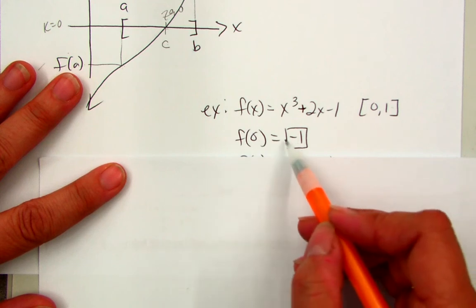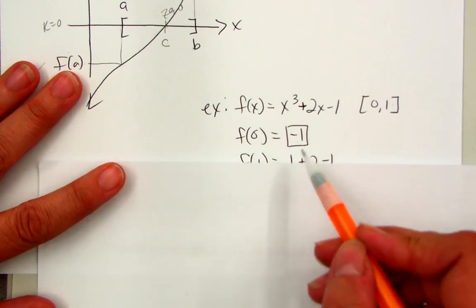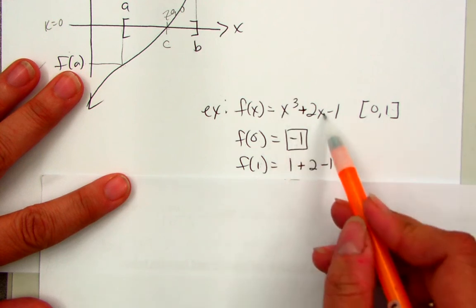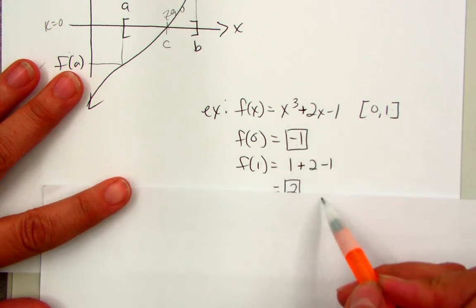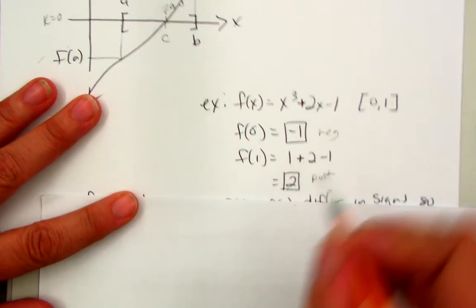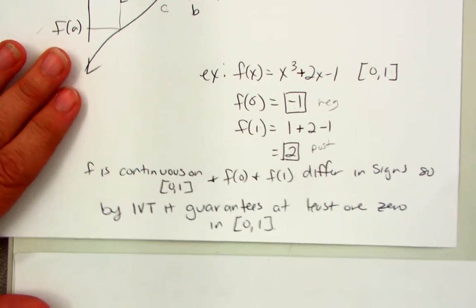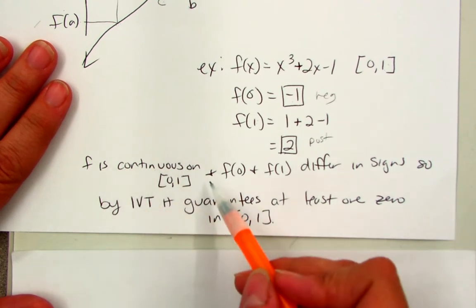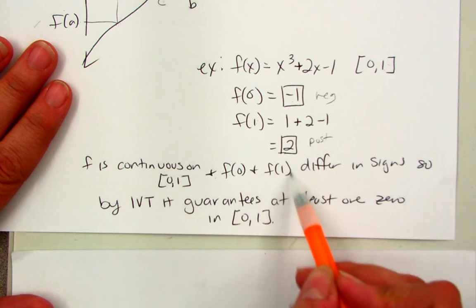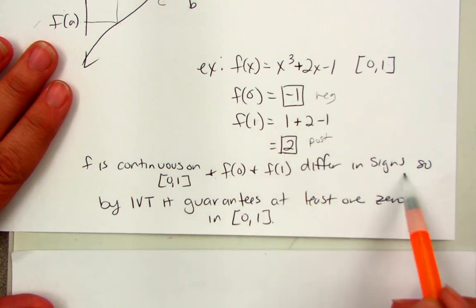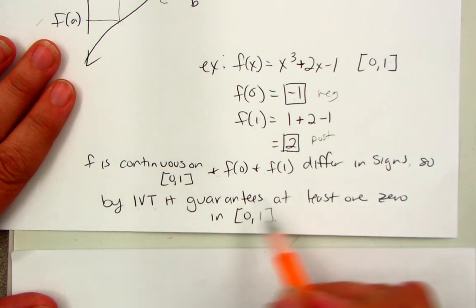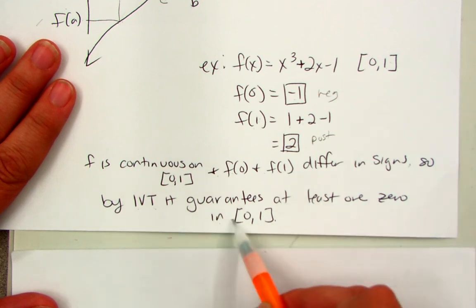So f of 0, I put 0 in for x, all I get is negative 1. I put in the other endpoint, 1, for x: 1 plus 2 minus 1 equals 2. So the sign is negative and positive. I can go straight to the conclusion. f is continuous on the closed interval from 0 to 1, and f of 0 and f of 1 differ in signs. So, by the intermediate value theorem, it guarantees at least one 0 in 0 to 1.